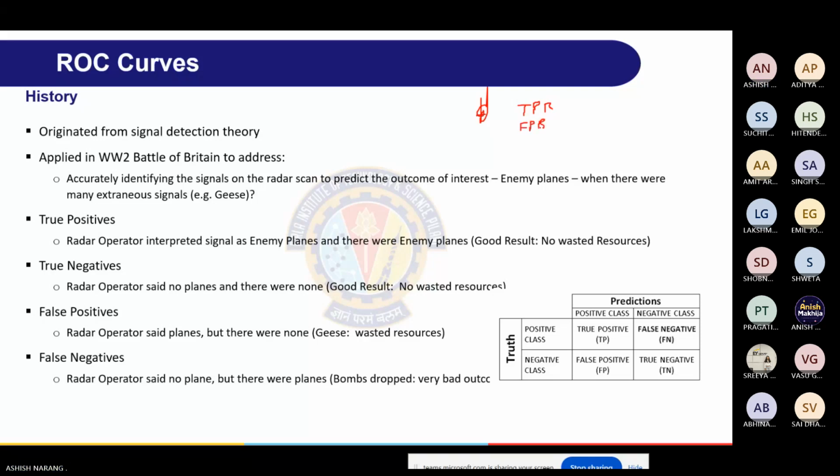If we want the model to perform well, which of these two should go up, meaning have a higher value, and which should have a lower value, from your understanding?